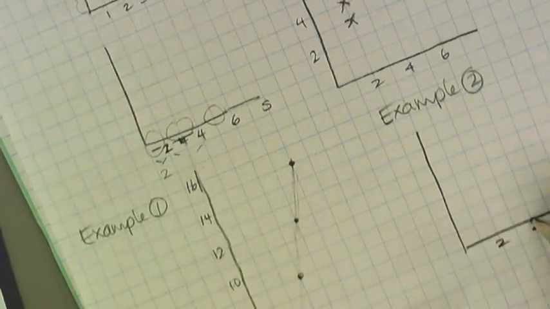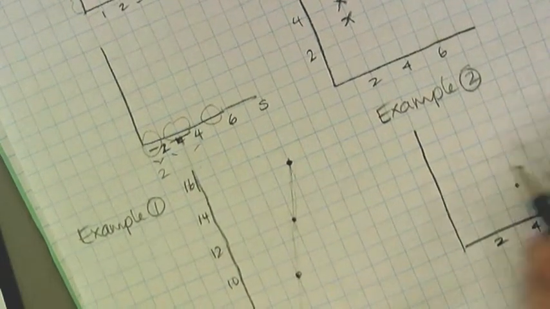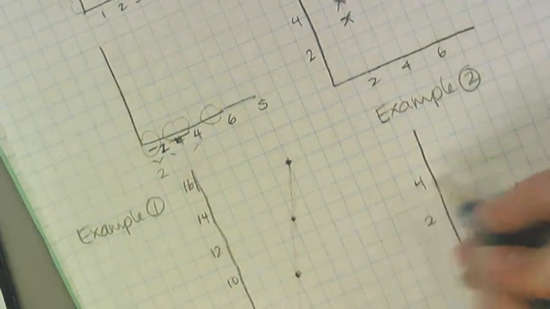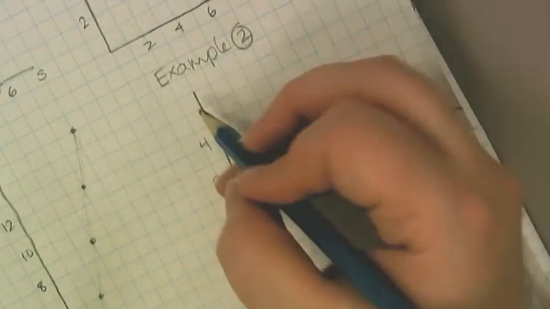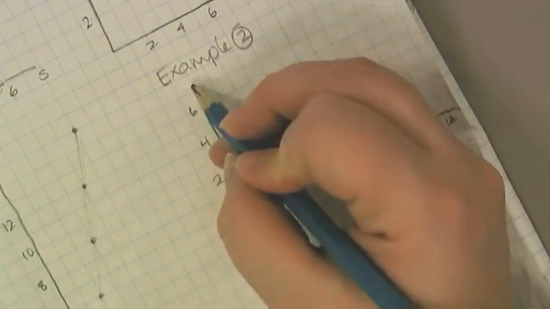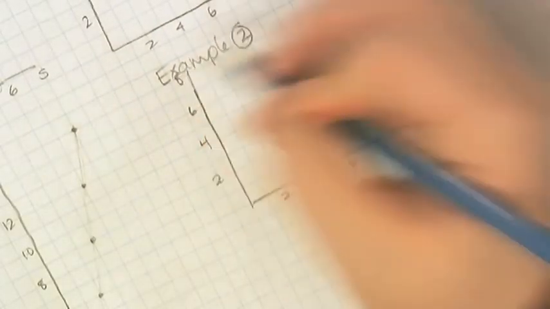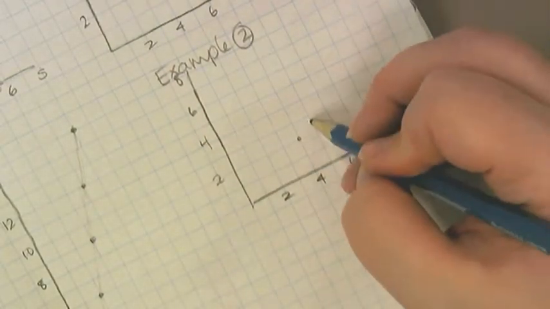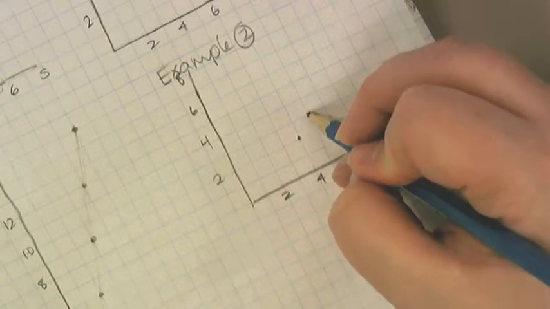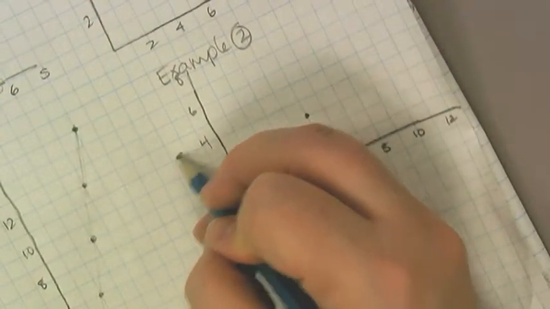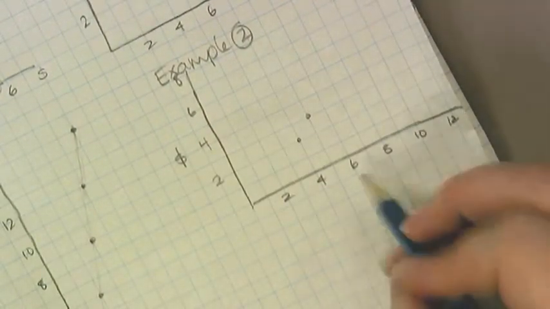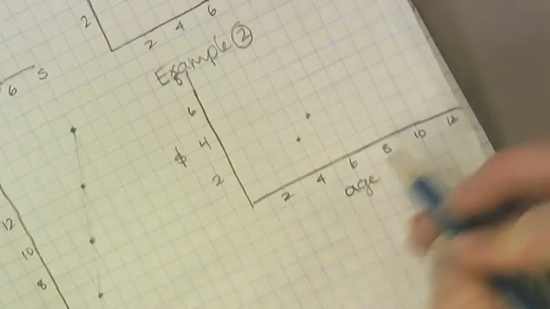So at 4 years old, he gets $2. At 5 years old, it's a $1 increase. Okay, so this is his allowance. This is his age.